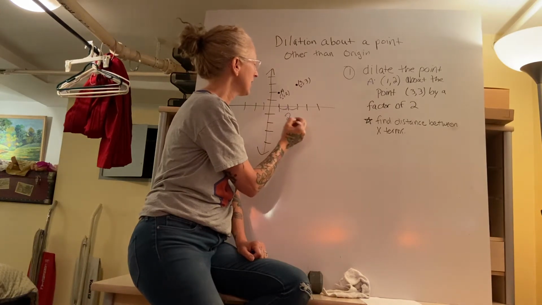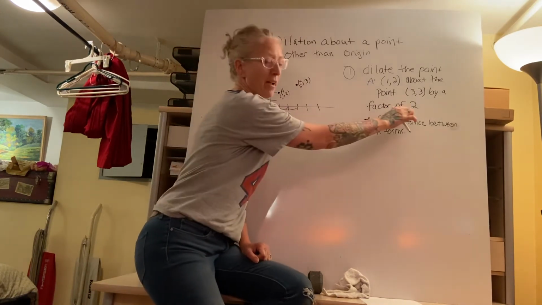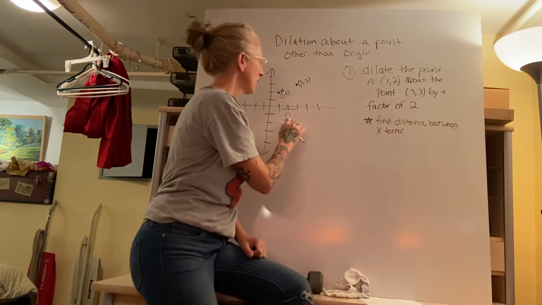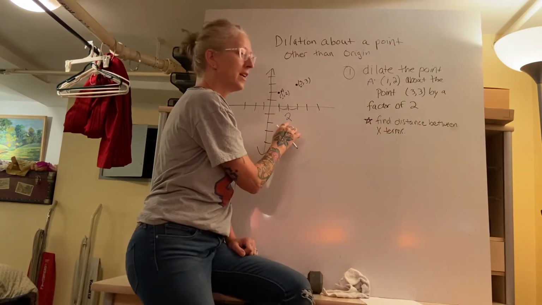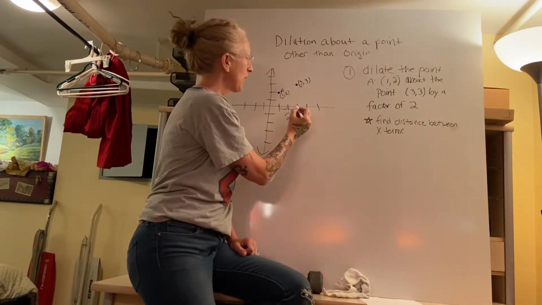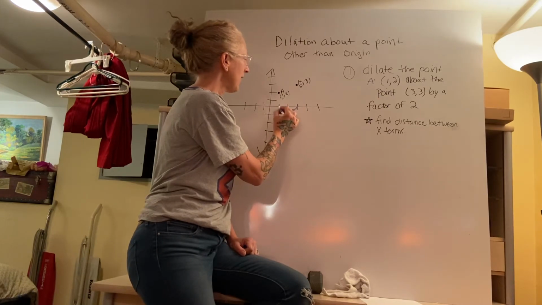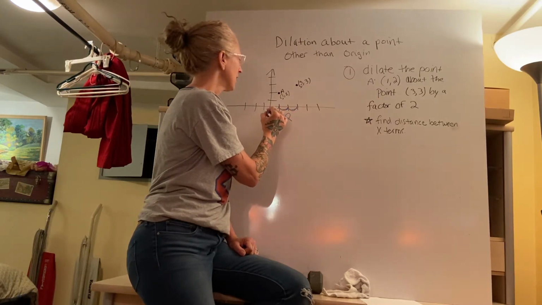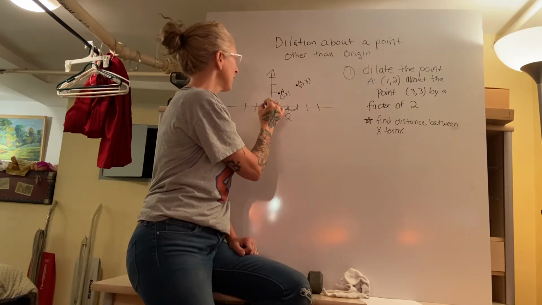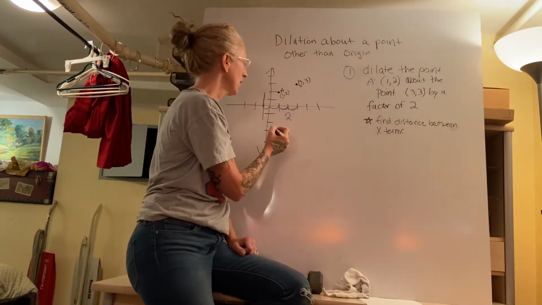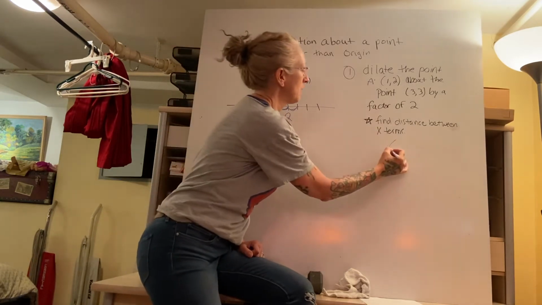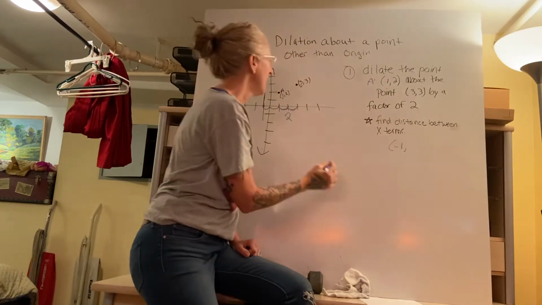This distance we have to multiply by a factor of 2, so this distance times 2 is going to be 4. That means we have to go 4 to the left of 3. So our new x value is going to be -1.